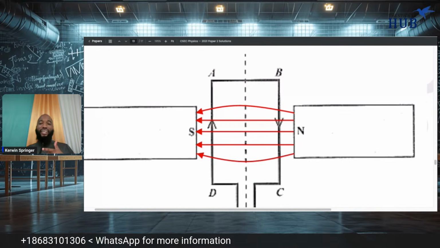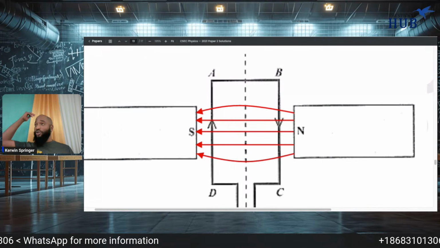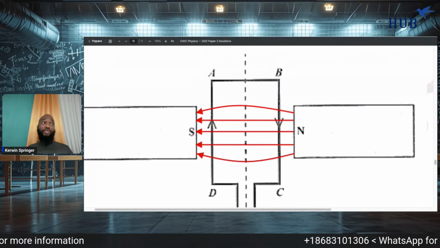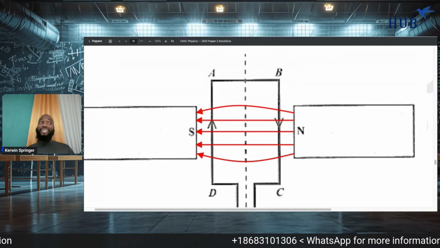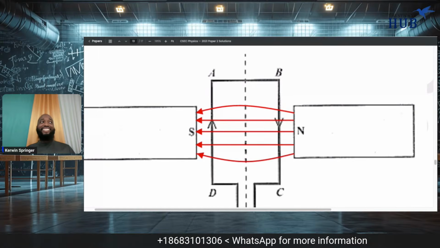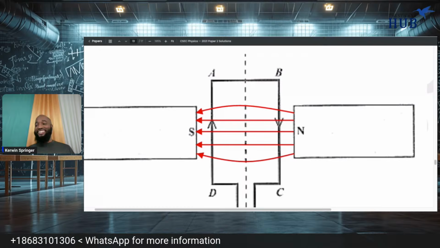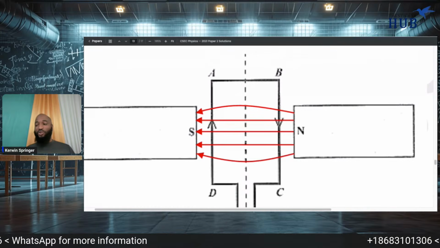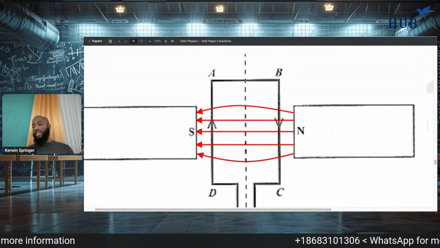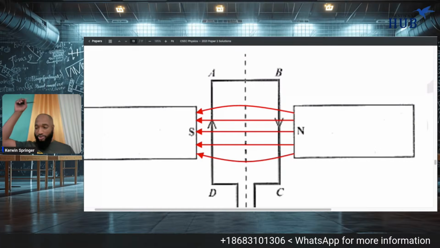So your first finger, it's coming up and out of the paper, right? So if you're saying down into the paper, that's wrong. It's coming out of the paper. Hard luck. So which way will AD go? Will it come up out of the paper or will it go into the paper?